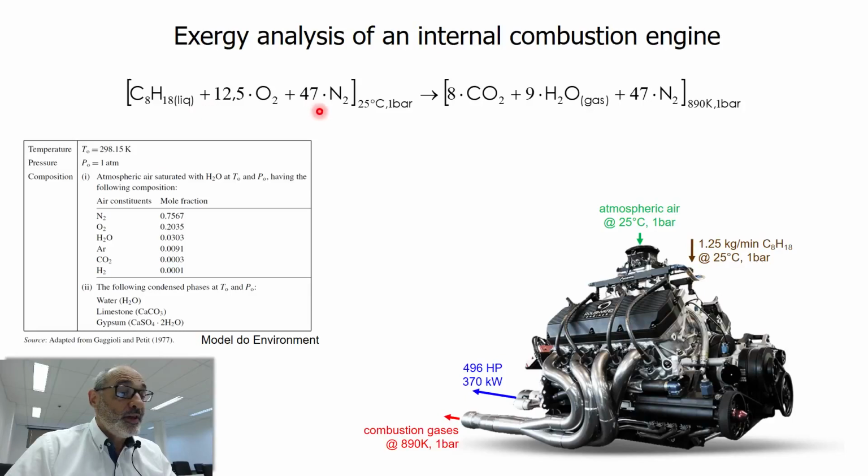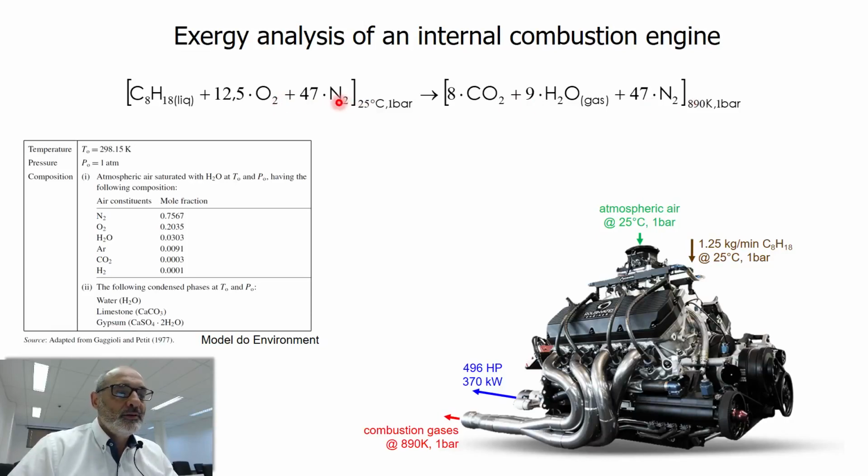It reacts with air, so it reacts with oxygen and nitrogen, and the quantities here are already balanced, to form 8 moles of CO2, 9 moles of H2O, and 47 moles of N2. N2 is not being formed because it's not reacting. The temperature here is not high enough for N2 to react with O2.